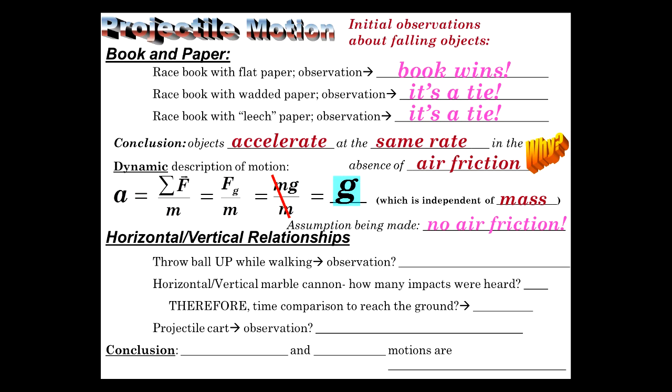If I throw a ball up into the air, if I'm just standing there tossing a ball up and down, so I'll try and do this here. See my cursor? Little red laser beam there. Up and down, up and down. It comes back to my hand. Now, if I'm walking, like this.